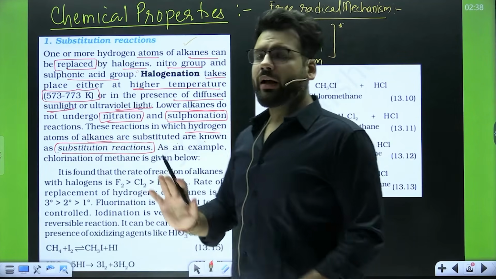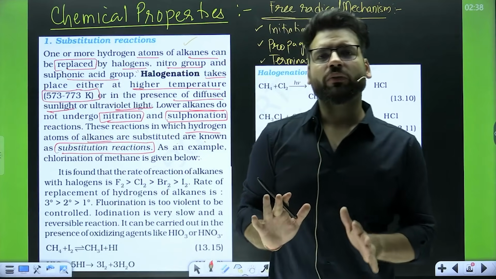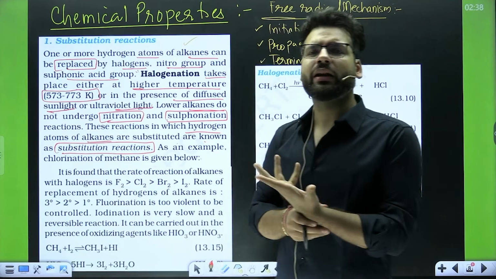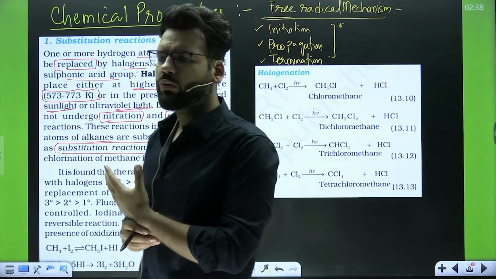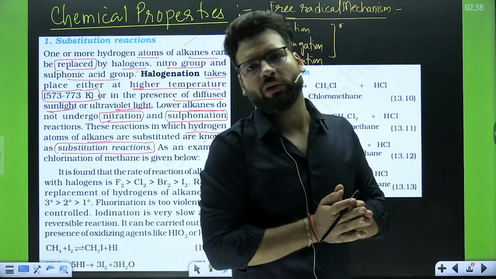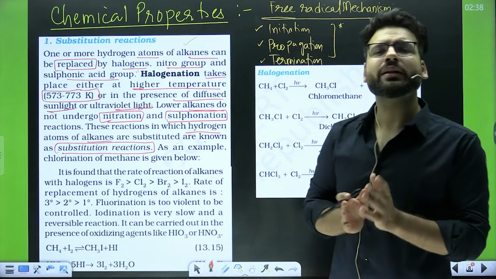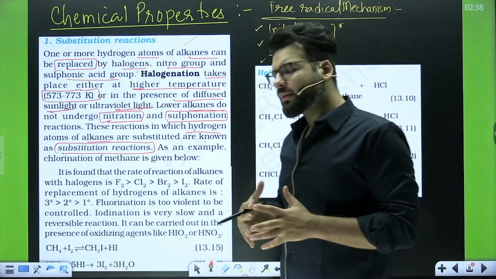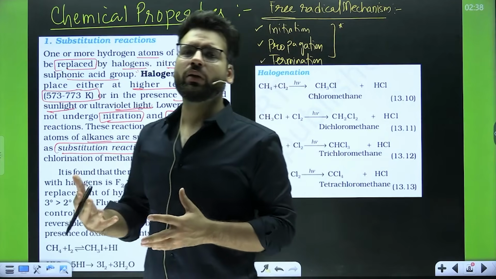Okay, now coming to rate of reactivity. Whenever you find any halogen reacting in a reaction, F2, Cl2, Br2, fluorination will always be very fast as compared to iodination. It is completely based on their reactivity order. Fluorine is a much more reactive halogen than iodine, as all of you know.